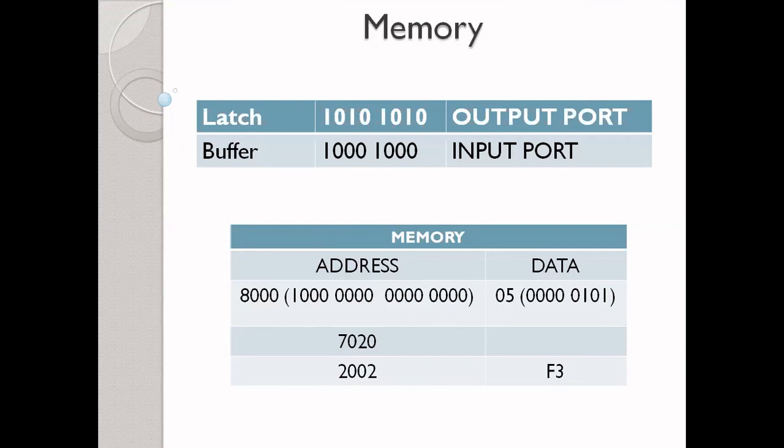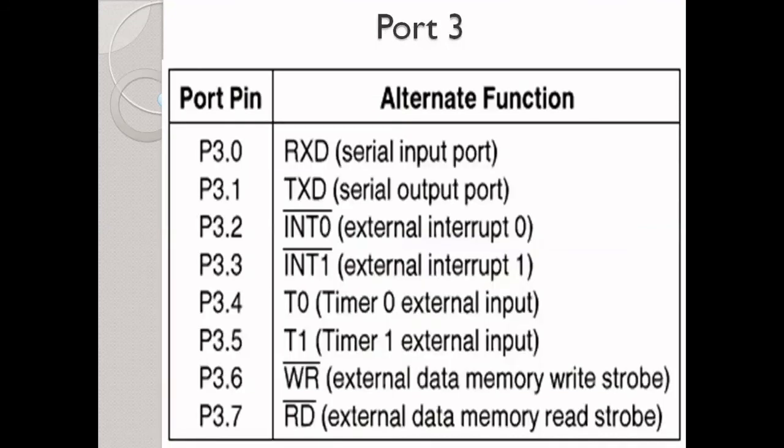Suppose you have 10101010. If I read the data from the latch, that value will still be there. It changes only when I store the next value. With a buffer, when I read the data from the buffer, it will become empty. That is the difference between buffer and latch.